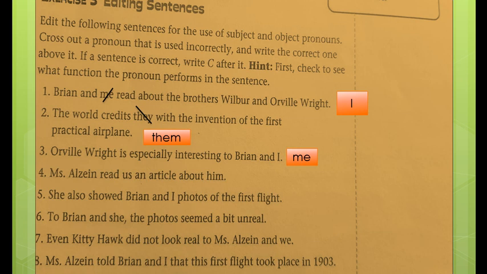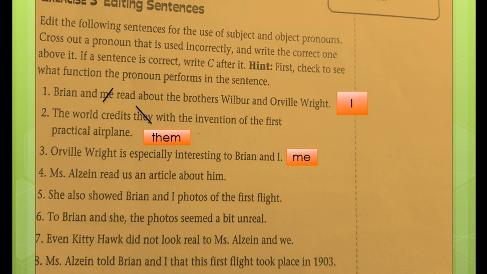It's a compound in a prepositional phrase. Next one: Mrs. Elzin read us an article about him. So read us, and then I have article about him. What is read us? Yes, it's a direct object, so it's correct in its place.